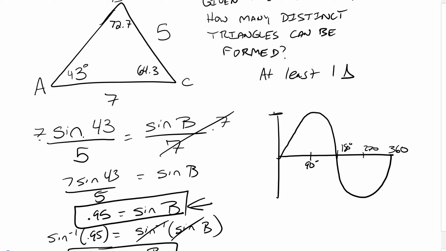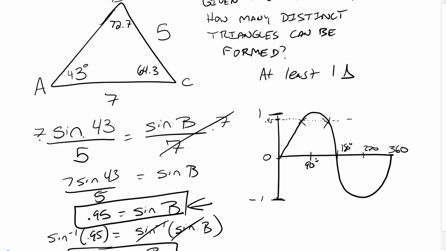The max value is 1 and the min value is -1. So 0.95 would be somewhere really close up here. It would hit our sine curve at this spot, and at that other spot right there as well.